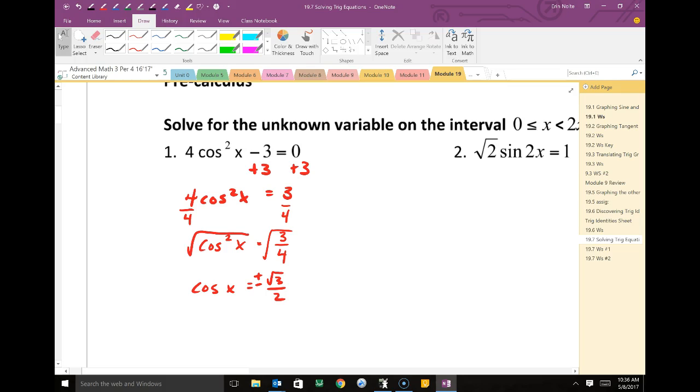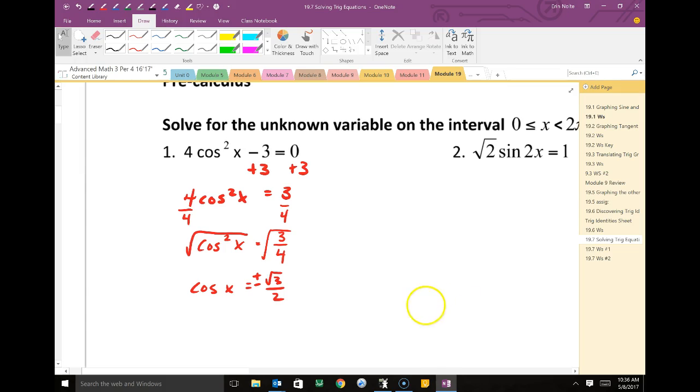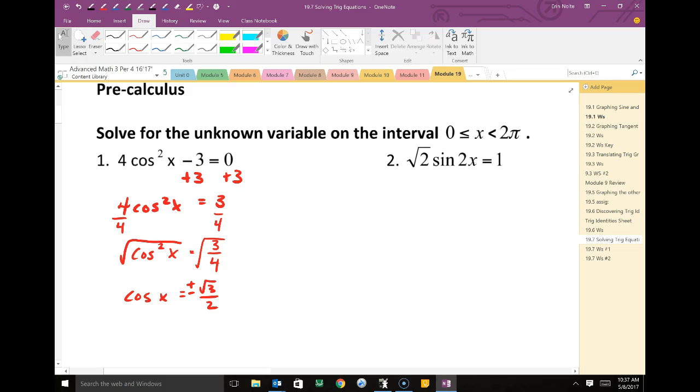So it's going to be the angle. I'm looking for an angle. So I'm trying to figure out where the angle fits this criteria. Okay. So on this particular example, do you see how it says between 0 and 2 pi? Are we working with radians or are we working with degrees? Radians. We're working in radians.